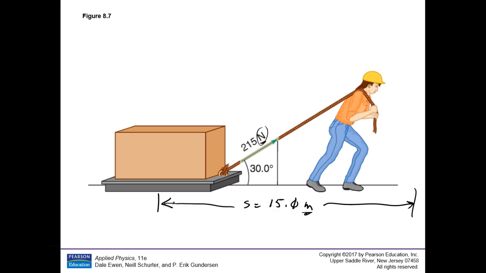Now, the question is, how much work is she doing? So we're looking for work. What's the formula that relates force, displacement and work, especially when you have an angle involved? We just had it up there. Force times S times the cosine of the angle theta.